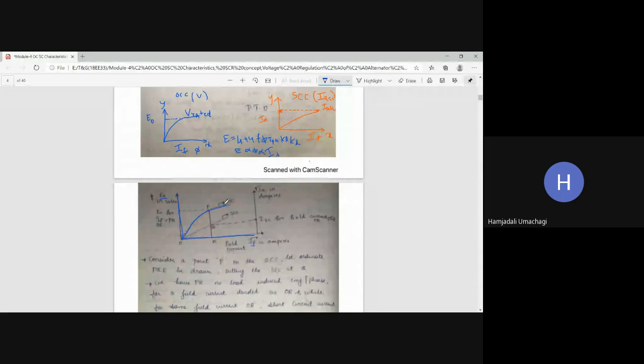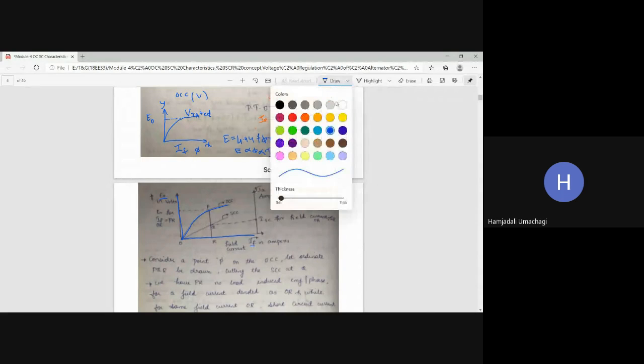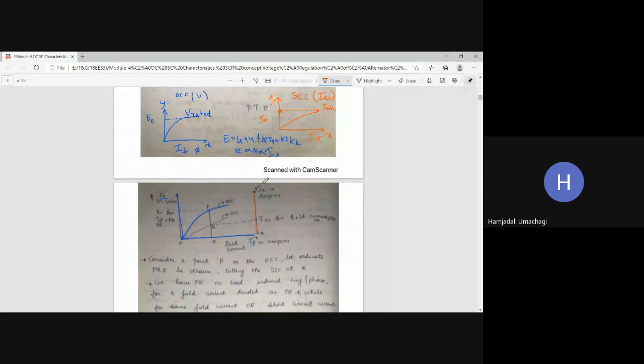Now to indicate SCC, instead of taking the y-axis on this side, we have taken the y-axis on the other side. The y-axis is, as usual, armature current, and the x-axis is the same common field current. So this is my armature current, and this is SCC. Since you may get confused, I have separated OCC and SCC. Is it clear?